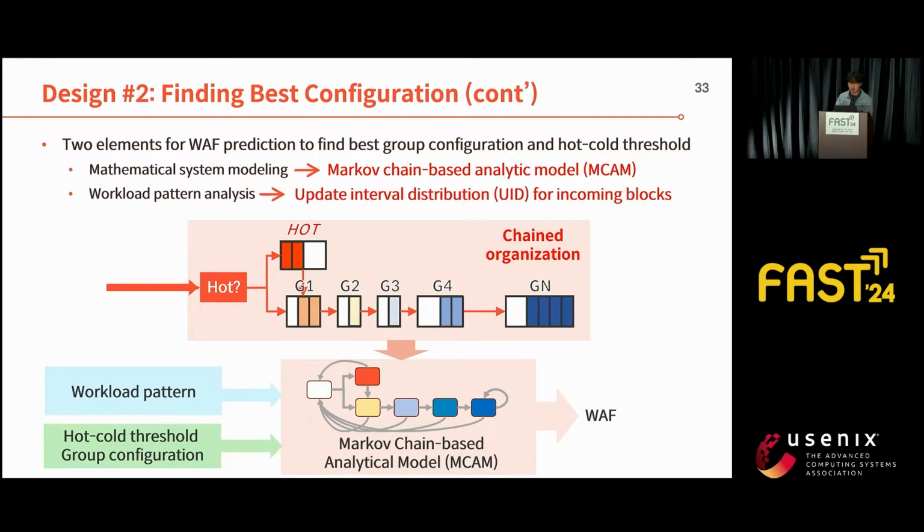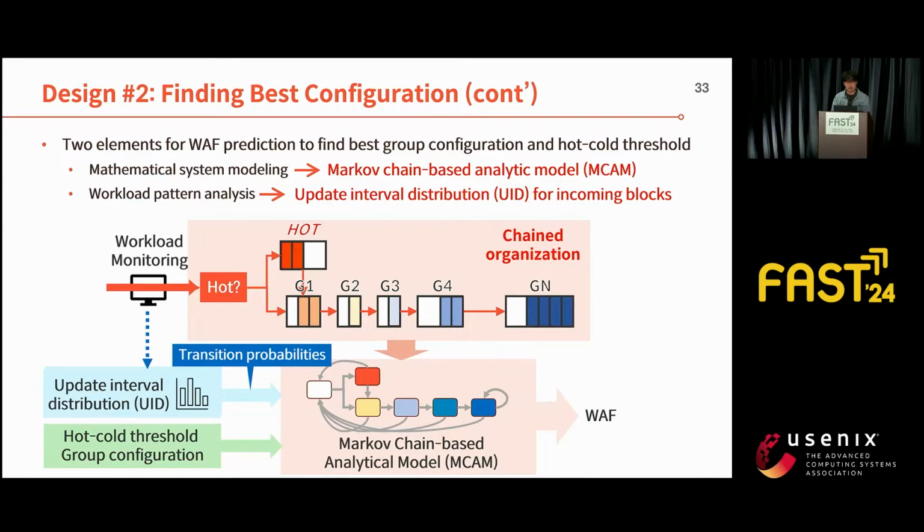Therefore, we also propose the update interval distribution, UID, for incoming blocks, which reflects the workload patterns. MiDAS periodically monitors the workload and generates the UID. With this UID, we can estimate the ratio of data movement between groups, that is, the transition probabilities. It allows MiDAS to predict the WAF for a given hot-cold threshold and group configuration.